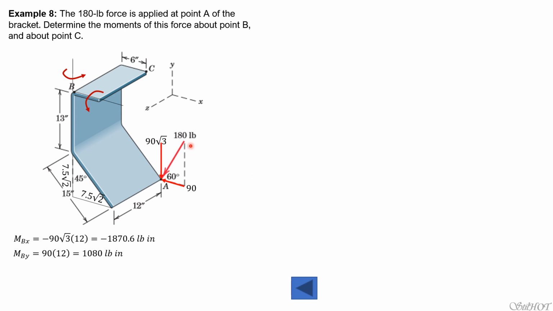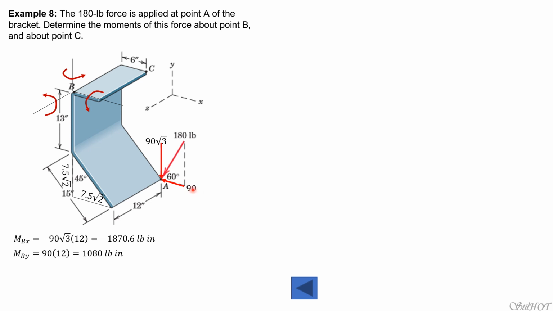Then finally, moment about the Bz axis. The positive z direction is forward. Position your right thumb towards the positive z-axis, and the curling of your forefingers, which is the positive moment, would be that direction there. Both of these components of force will have moment about the z-axis.